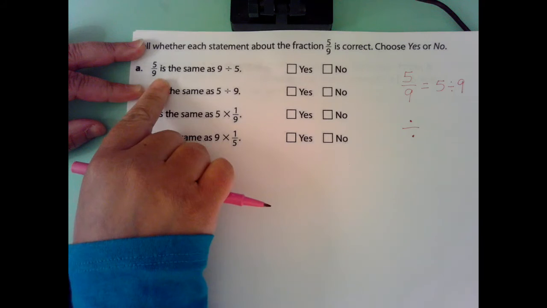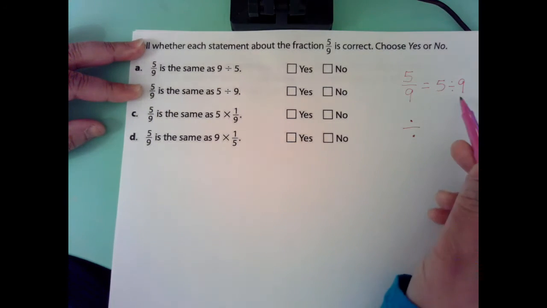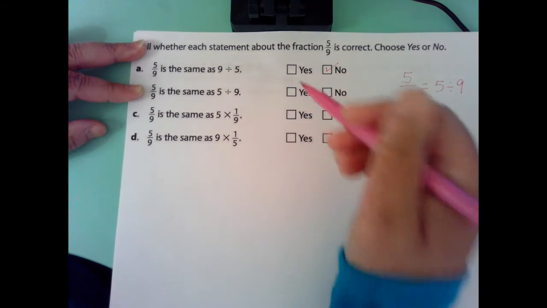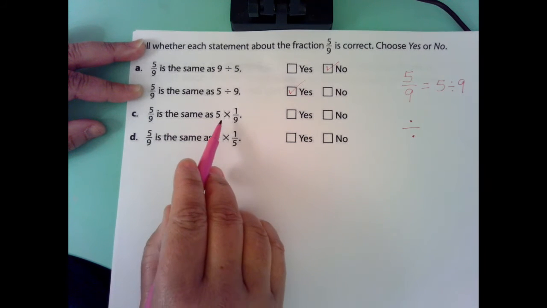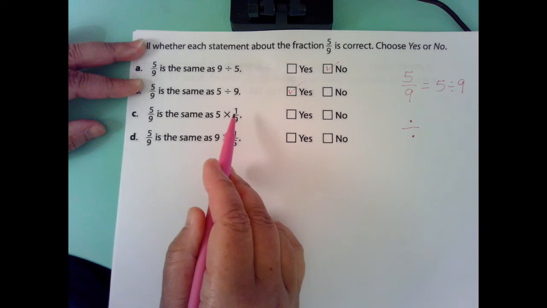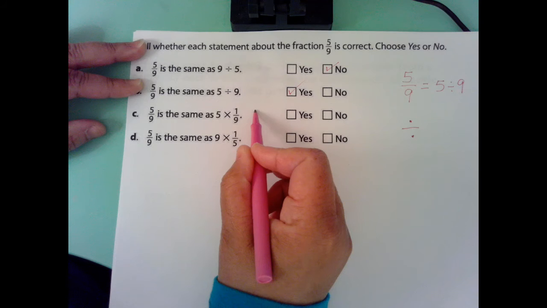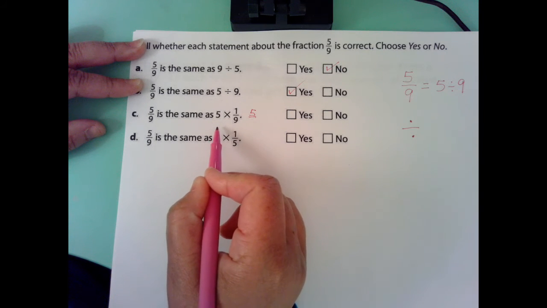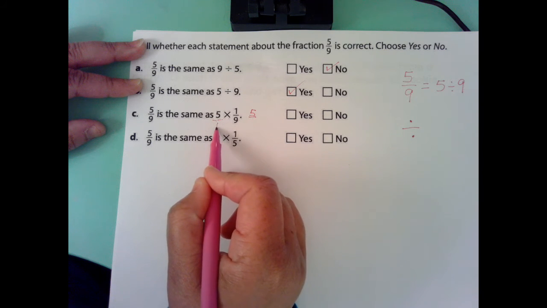So A, is 5/9 the same as 9 divided by 5? No. Is 5/9 the same as 5 divided by 9? Yes. Is 5/9 the same as 5 times 1/9? Ooh, tricky. If we multiply 5 times 1/9, we're going to multiply the numerators, 5 times 1, and then the denominators. Even though there's no denominator here, we all know that there's really an invisible 1.